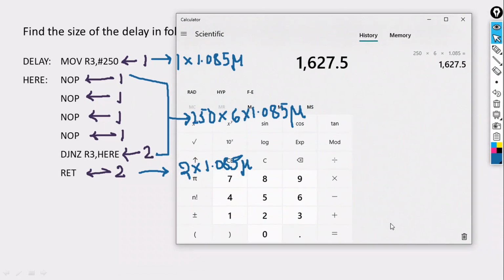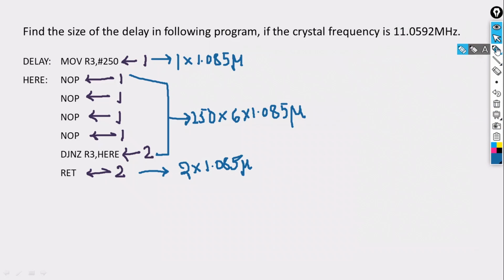So this is 1627.5, and let me round this up to 1628. So I'll take 1628 plus 1.085 plus 2.17. I'll be getting somewhere around 1631.255. So all these together I'll be getting 1631.255. Let me come back to this particular thing.